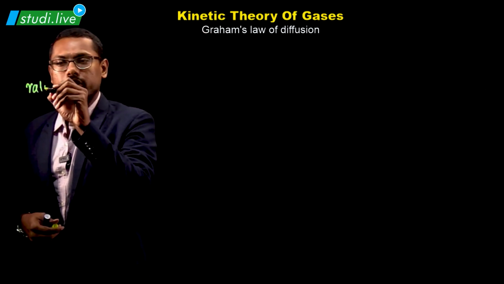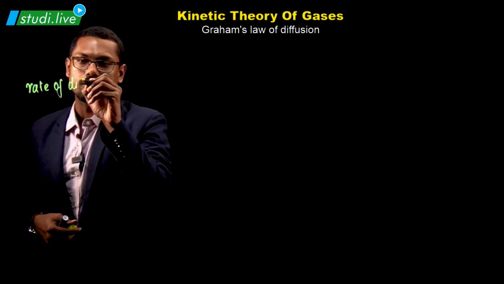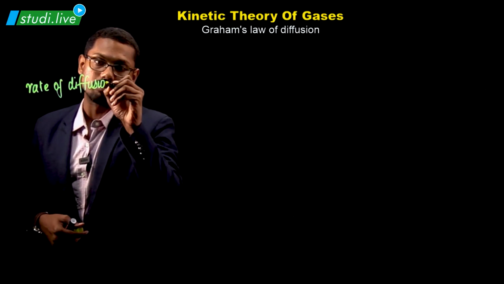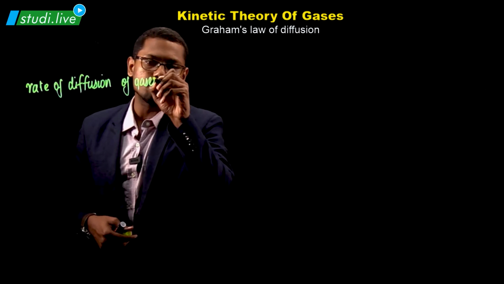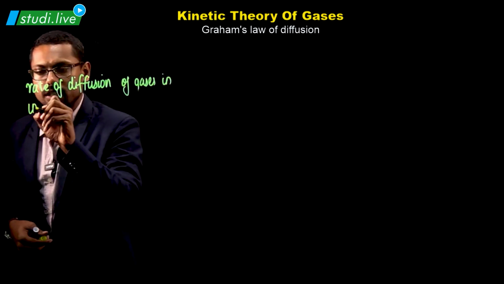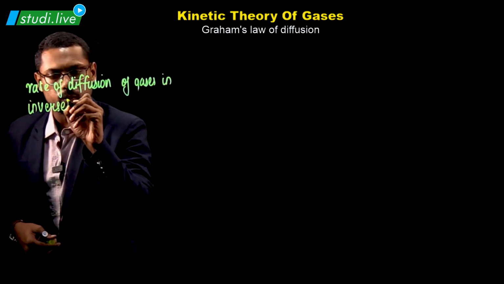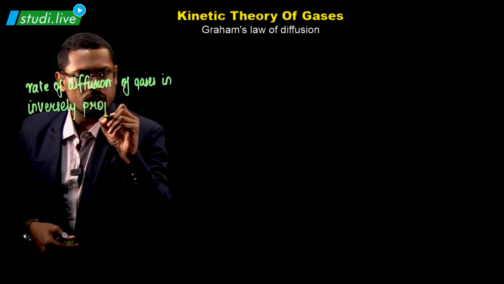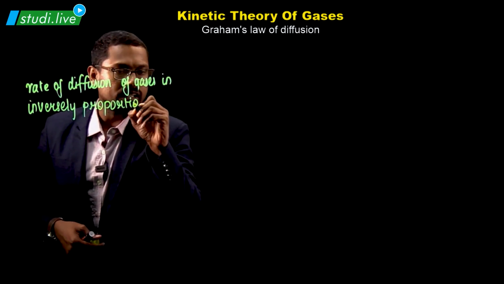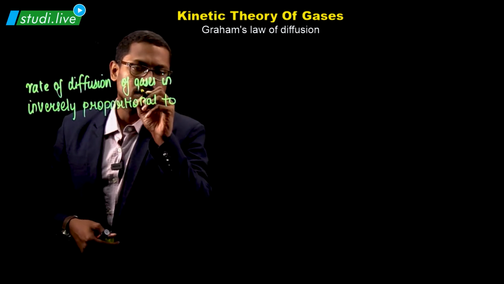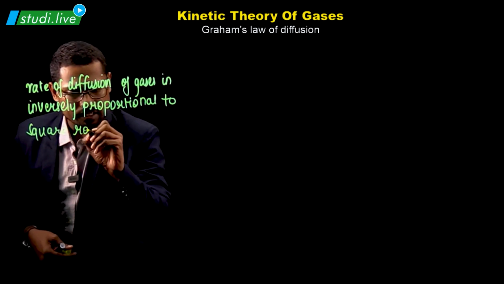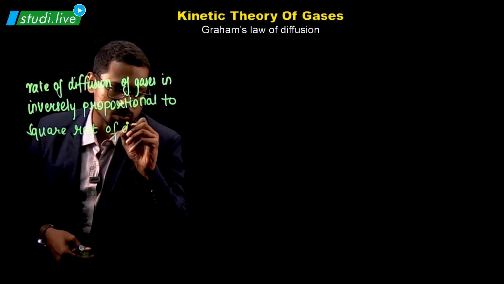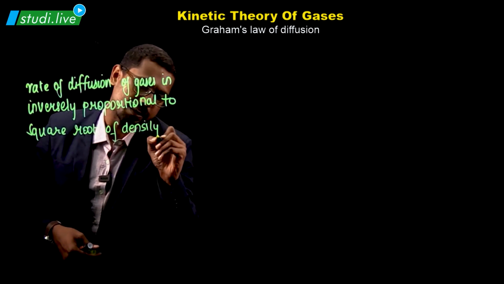The rate of diffusion of gases is always inversely proportional to the square root of the density of gases. This is how it is expressed.